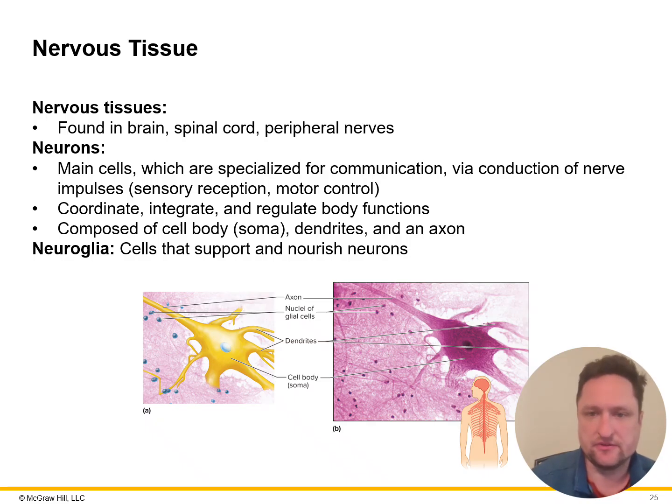Neuroglia support, insulate, and nourish neurons, ensuring their optimal performance. So nervous tissue forms the brain, spinal cord, and peripheral nerves, coordinating all body activities. It enables perception, memory, reasoning, and voluntary as well as involuntary control.